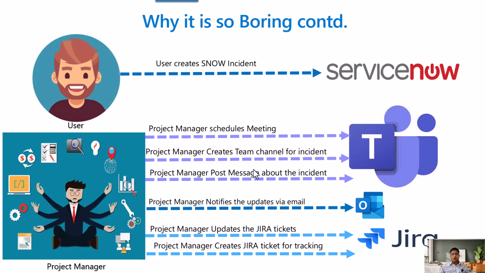So he also needs to make sure that all the resources working on this incident are charging to a particular cost code, and all these activities are recorded in Jira, because that is the task they are getting assigned. So that tracking happens in Jira. And then the project manager keeps updating the Jira tickets, or not just the project manager, the team working on the Jira ticket tries to update this information in the Jira tool.